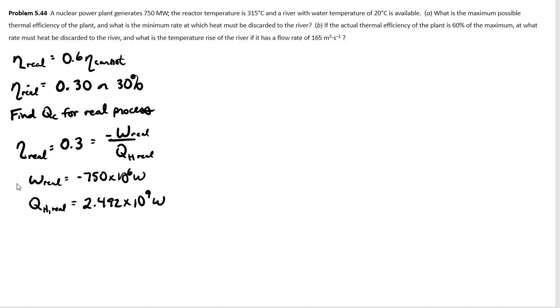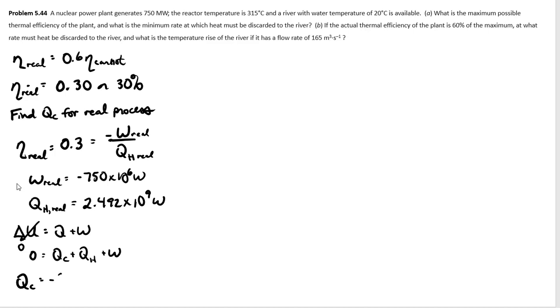Again, just to be complete, this is a closed system. And so delta U is equal to Q plus W. Since it's a closed system, that's equal to 0. And so we're left with 0 equal to QC plus QH plus W. We know what W is, we know what QH is, we want to solve for QC.